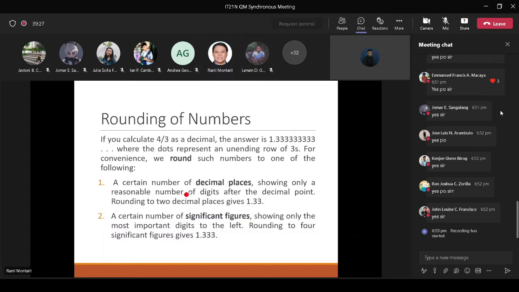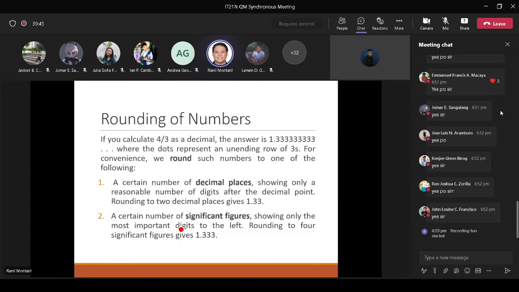As I said, sometimes we do rounding by a specified number of decimal places, for example two decimal places, because for money we always represent it with centavos, and definitely we round.